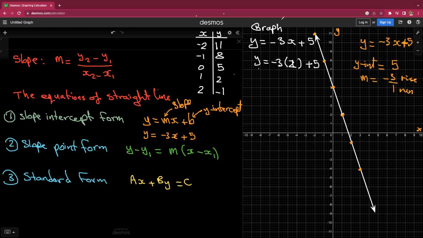So as you see here, this line is the same line as we had. Again, we use the table of values and we use the slope intercept form to graph it.